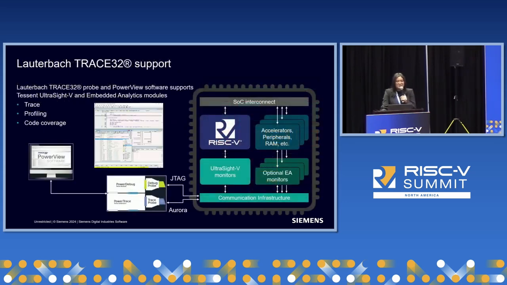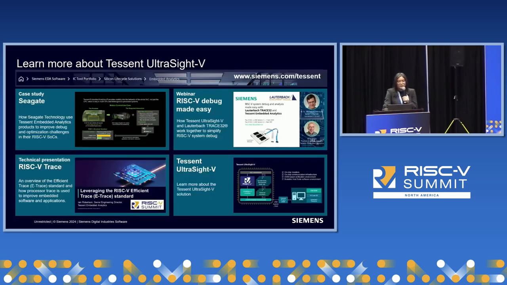And I should also mention, as said earlier in the presentation, that our embedded IPs in the UltraSight-V solution do support the Lauterbach Trace32 solution. If you want more information on that, you can visit our website. We also have a case study with Seagate on our website talking about how they use our RISC-V solution, and we have other collateral there as well.